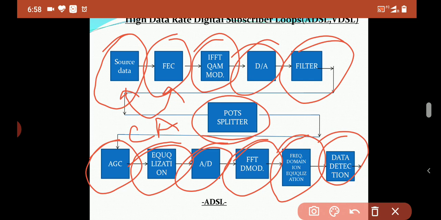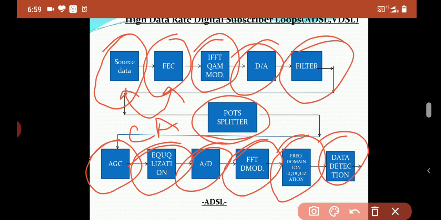So these are the parts of ADSL. ADSL means asymmetric digital subscriber loop, which has a basic rate of 9 Mbps downstream and 64 kbps upstream, and it consists of PRS, FP, FEC, then IFT, then D2A.